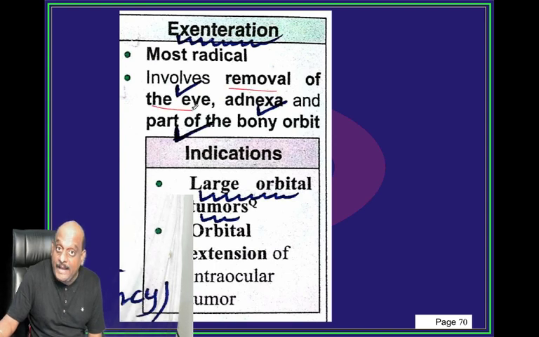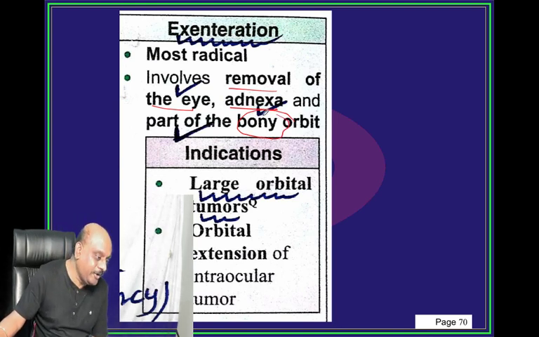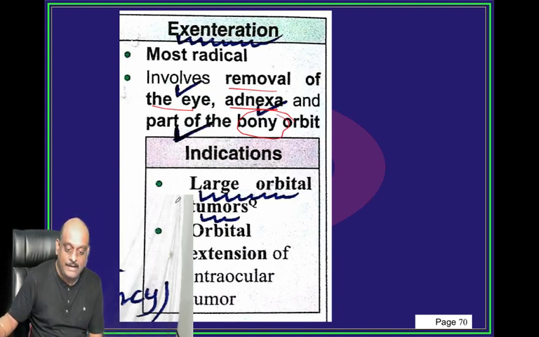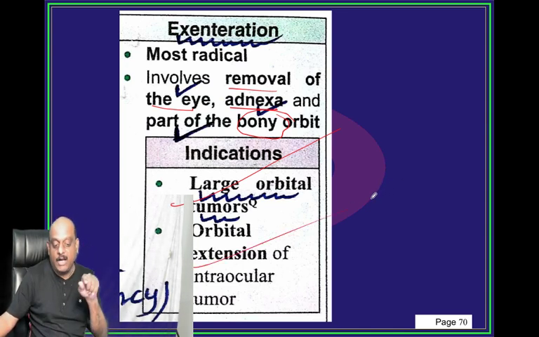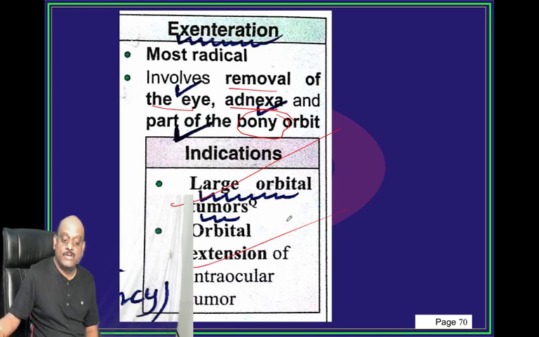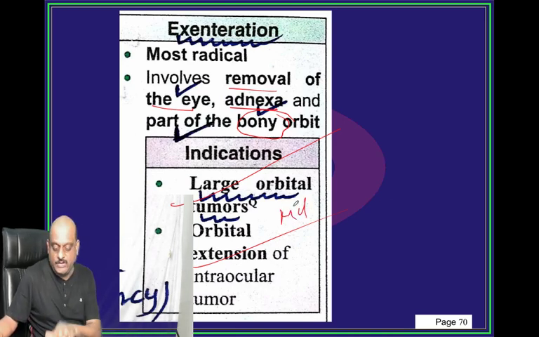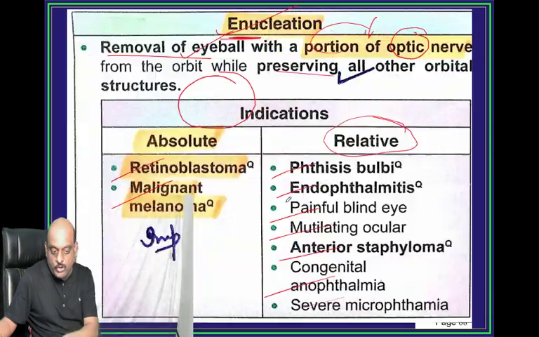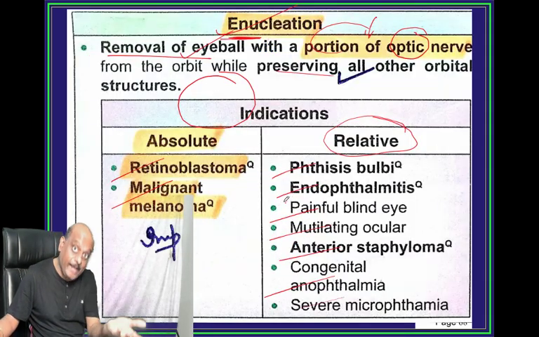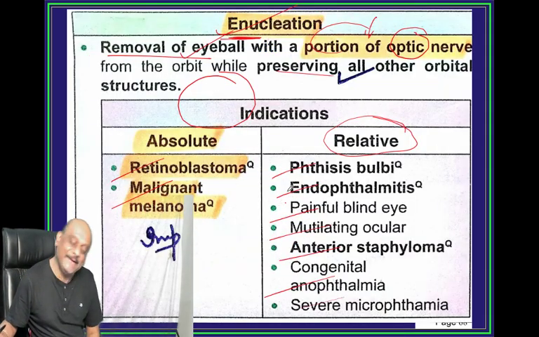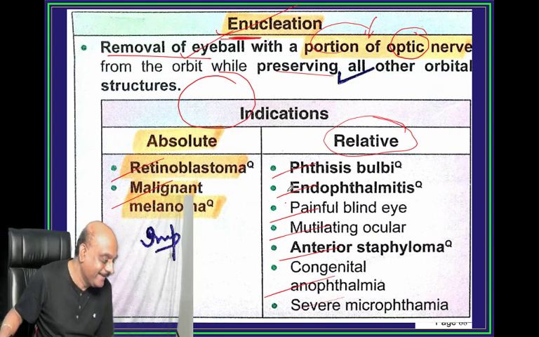Removal of the eye, adnexa, and even part of the bony orbit also. So where do you do that? Large orbital tumors, orbital extension of an intraocular tumor. So in malignancy exenteration is okay, evisceration not okay, enucleation okay. Okay, that's right. So very good, doctor.